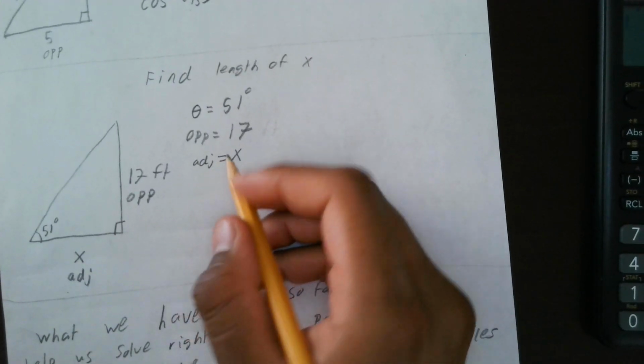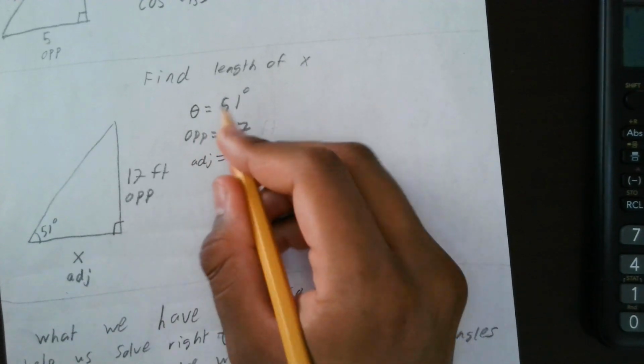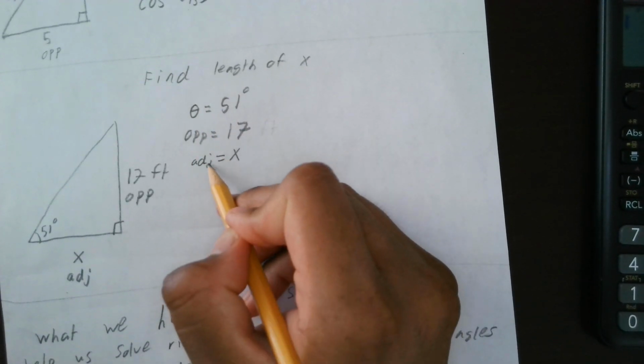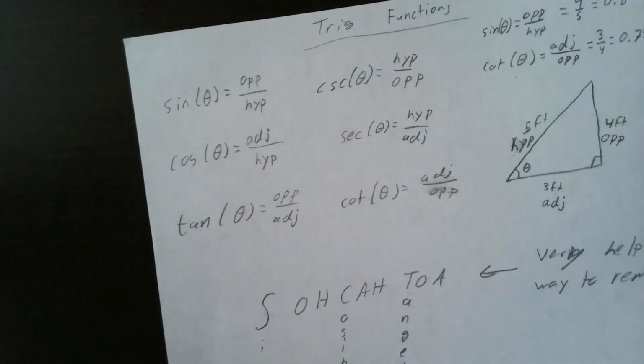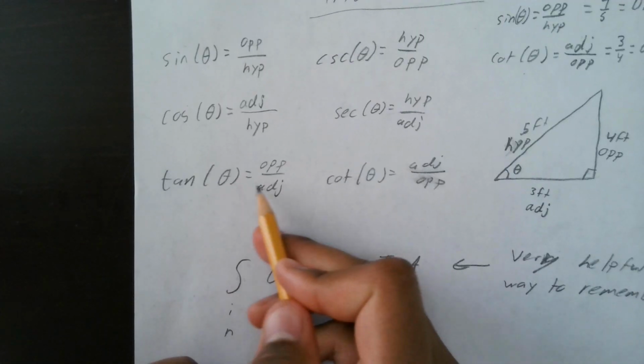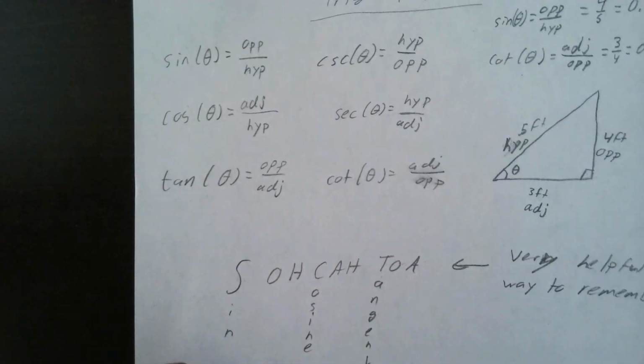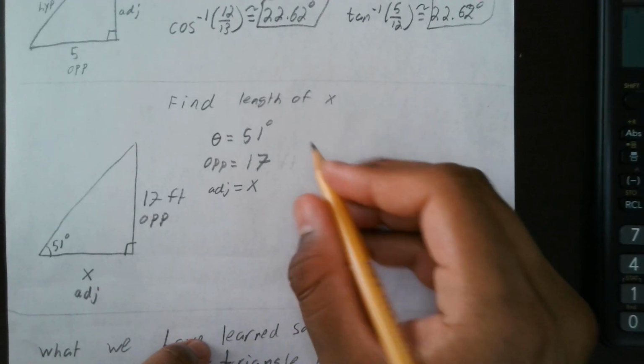We know theta, we know the opposite. We're trying to find the adjacent. Going back to our trig functions, tan of theta, we have the opposite, and we're just trying to find adjacent. So let's use tan of theta to help us find the answer.